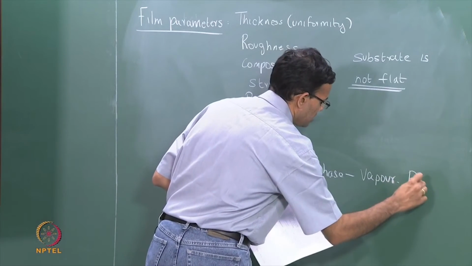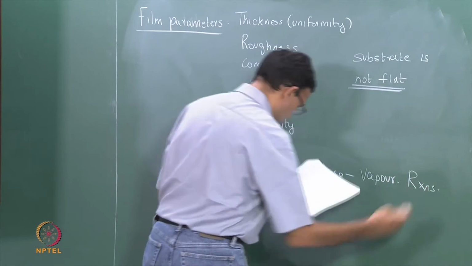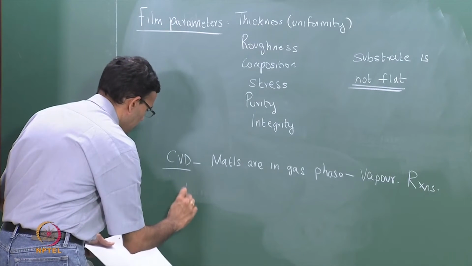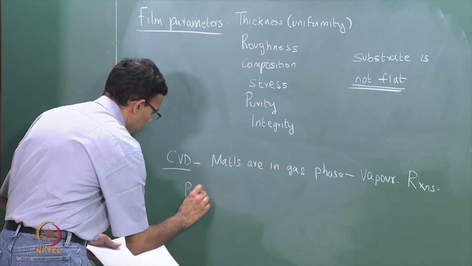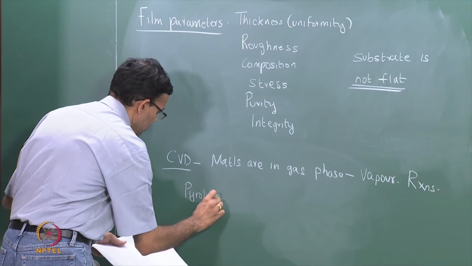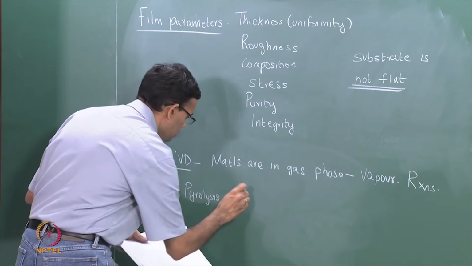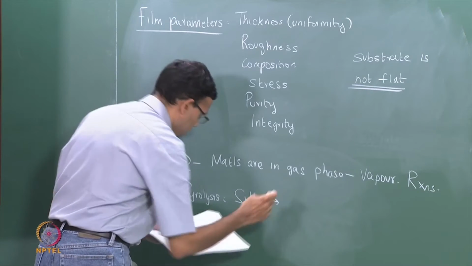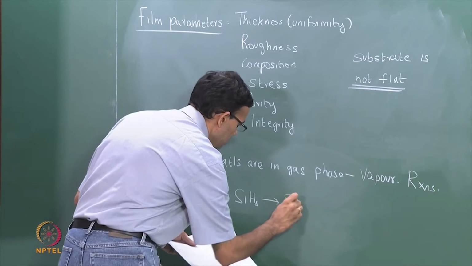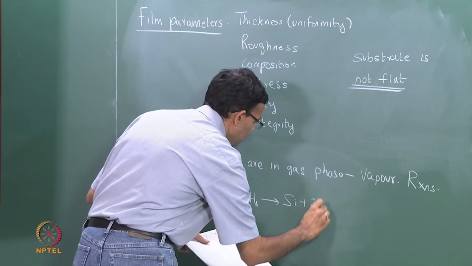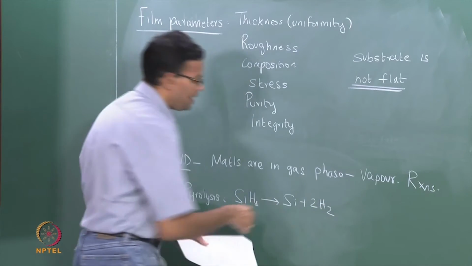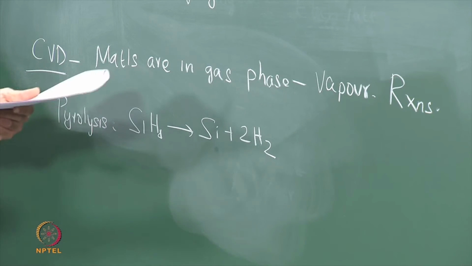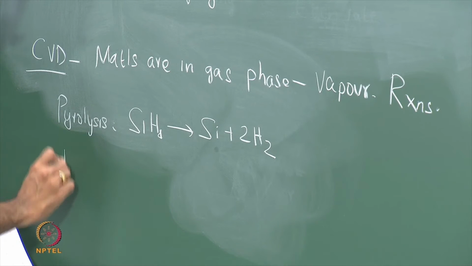So some reactions that are typically possible, for example, you can have pyrolysis, which is a simple silicon hydride giving you silicon plus 2H2. So this silicon layer will then be deposited onto your film.